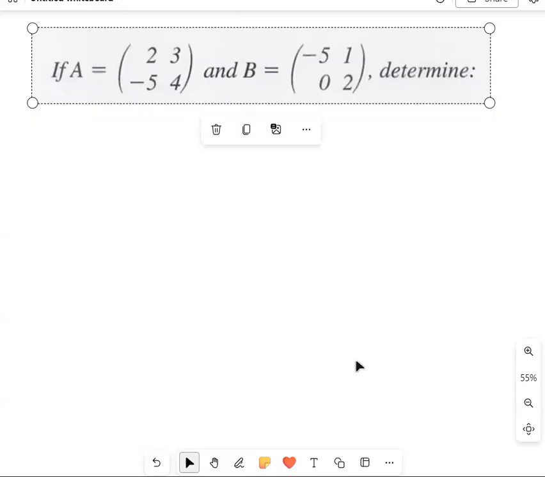Look at this. So you have a matrix A and a matrix B. Right? They're of the same order, so it's okay to multiply. So let's multiply them.